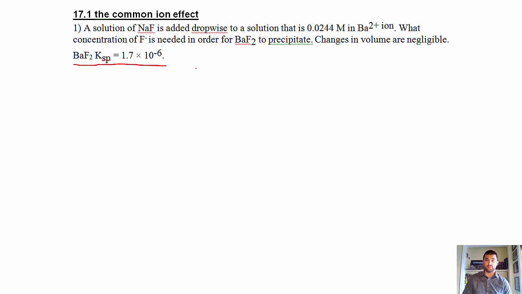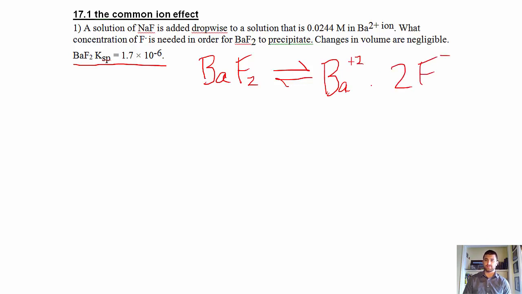So first off, let's talk about what's happening. If we had BaF2 and we're adding it to water, it would dissociate to give us Ba²⁺ and 2F⁻, right? So this starts off as a solid and it ends up as aqueous ions.